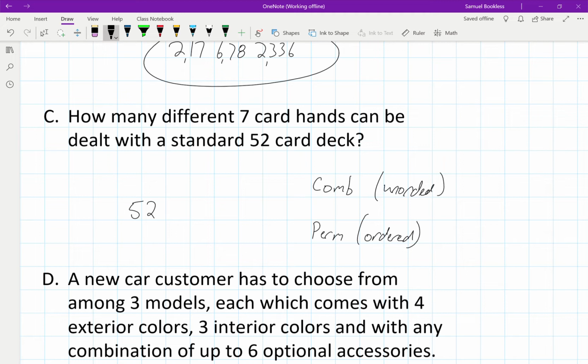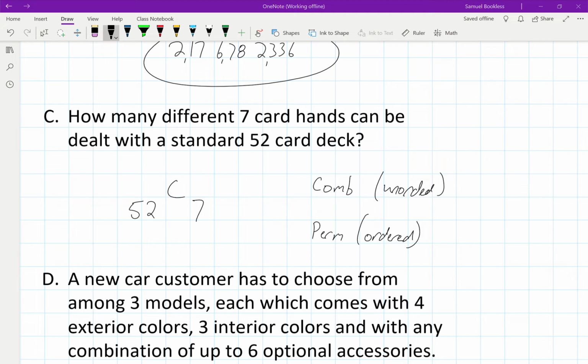Well, if you've ever played a card game, it does not matter in most card games the order in which you get all your cards. As you're passing out the cards, I get 7 cards. I can rearrange them pretty quickly, and it didn't matter in which order they were dealt to me. And so in most card games and in this one, how many different 7 card hands can be dealt? So this is going to be 52C7.